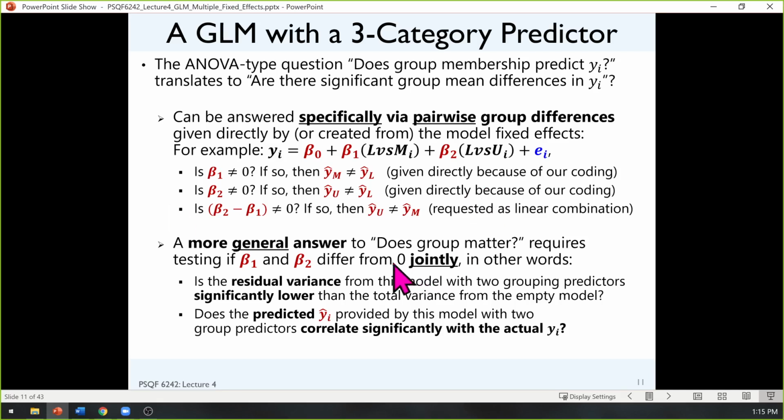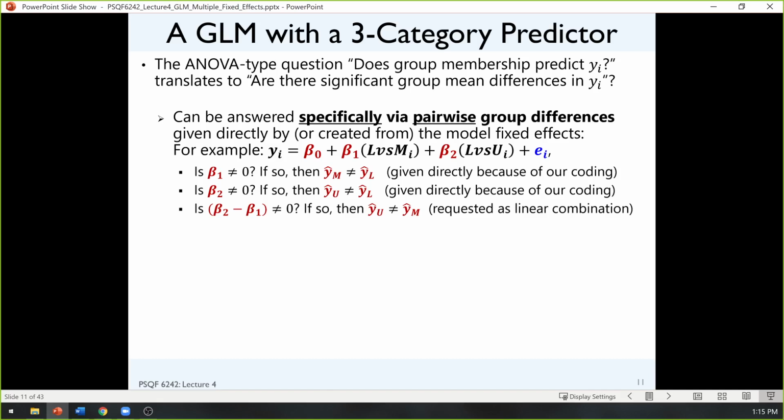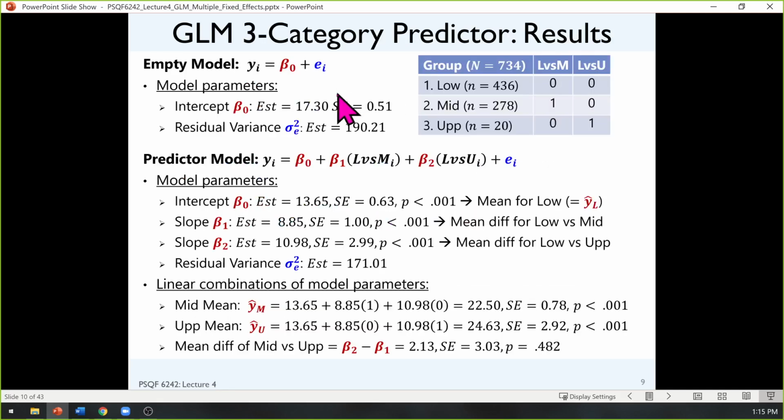Another way of saying the same thing is whether or not the amount of variability that we had in the empty model has been reduced significantly. So in the numbers that we had for this example, going back, we had a total variance in income of 190. That's all the variance that there is to be had in this outcome variable.